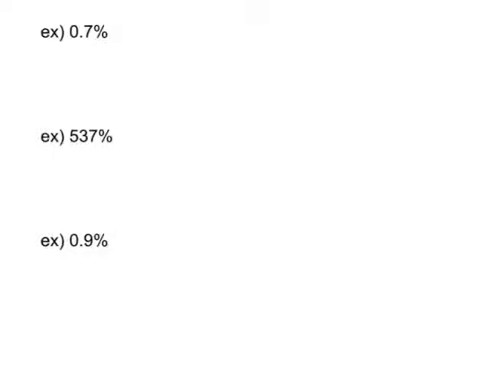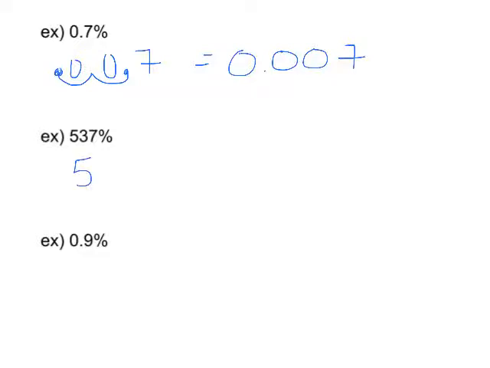So for 0.7%, when I drop my percent sign, I get 0.7. Then I'm going to move my decimal twice, so I'm left with 0.007. For 537%, I have 537. I'm going to move my decimal over twice, and I see that I'm right in between the 5 and 3.